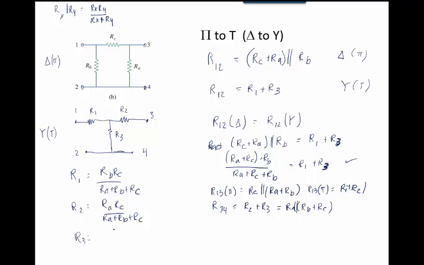I thought about giving this as a homework problem. Derive this for yourself. RA RB over RA plus RB plus RC. So after you do some math in here and you get 3 equations and 3 unknowns and you do a bunch of substitutions, you end up being able to solve for R1, R2, and R3.